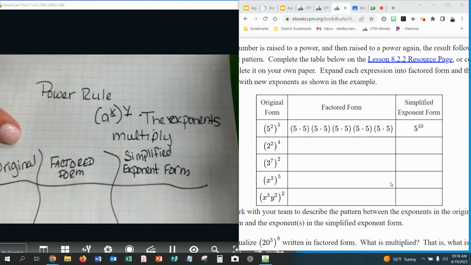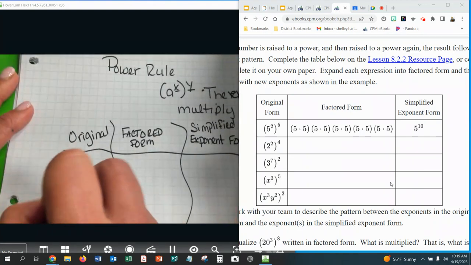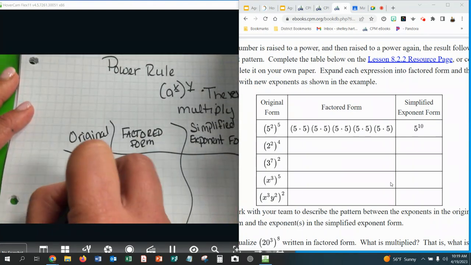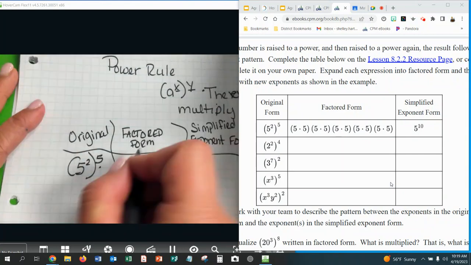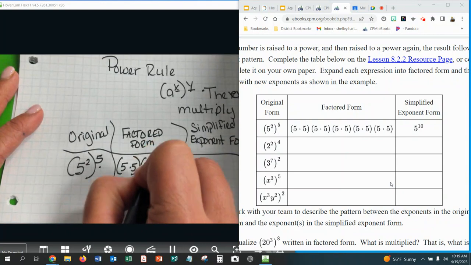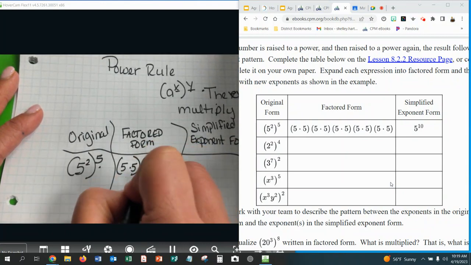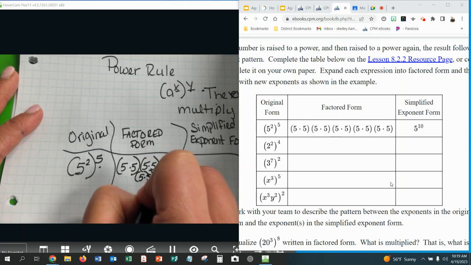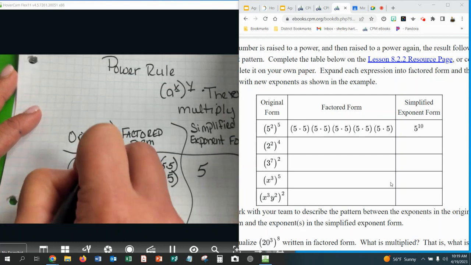Great. So here's our original. We have 5 squared to the 5th power. Notice the parentheses are there. And it shows us, we multiply it out like this, 5 times 5 times 5 times 5 times 5 times 5 times 5, and then one more time. And it actually equals, remember, these two multiply.